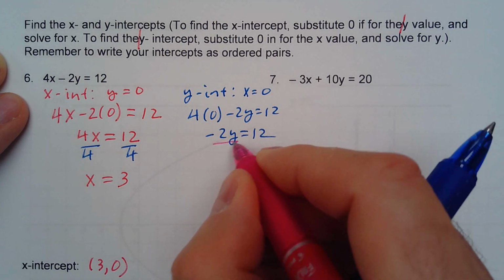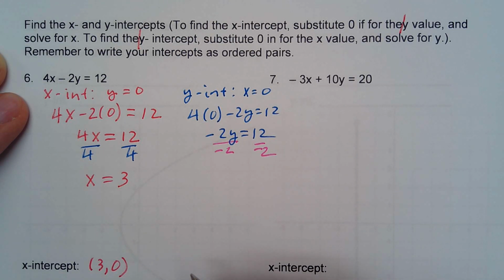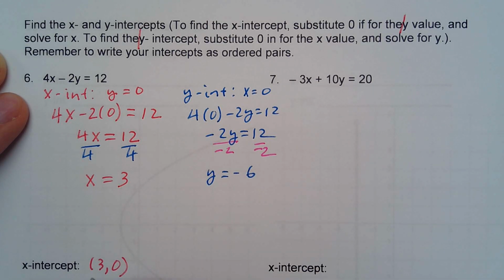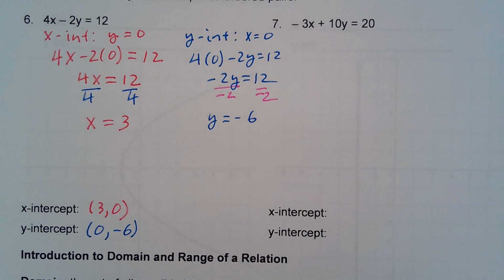We're going to divide by negative 2, and that gives us y equals negative 6. So the point is 0, negative 6. Always be really careful to list these in alphabetical order, putting the x-coordinate first, and then the y-coordinate. It's very important to do that. Otherwise, ALEKS will stick out its tongue and say you're wrong.